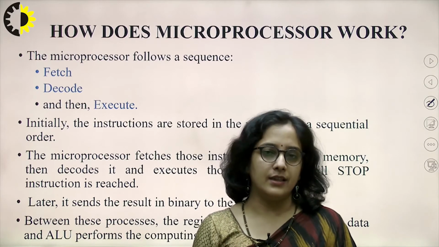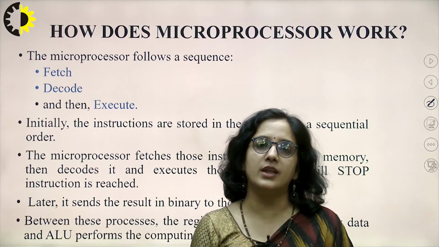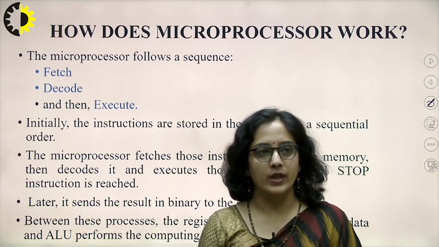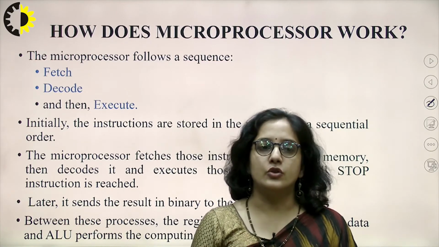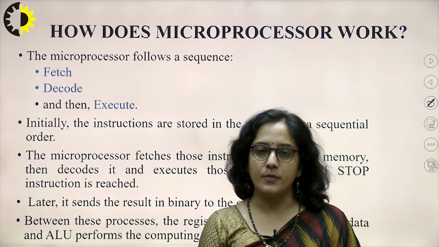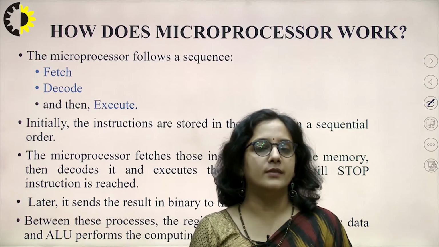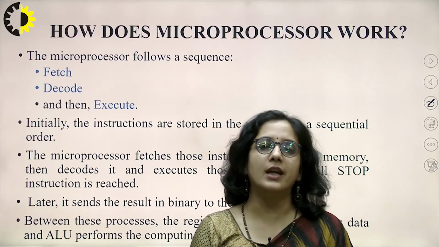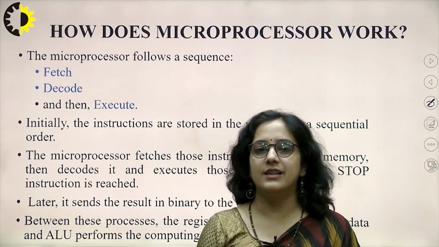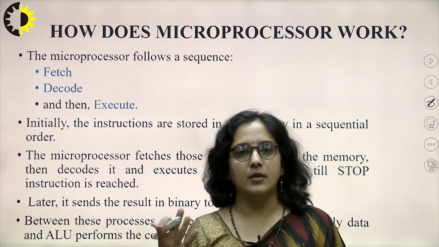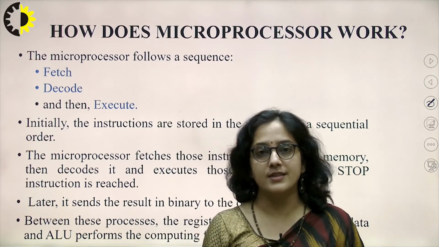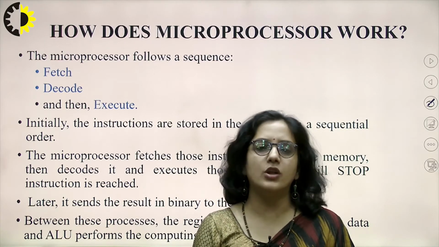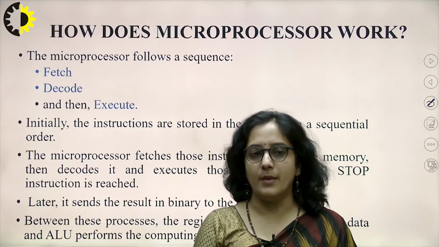So, till that last instruction, the microprocessor executes each instruction in 3 ways: first fetching the instruction, then decoding it and then executing it. After executing all the instructions written in that program, the microprocessor lastly declares the results, whether on the keyboard, the printer, a monitor, or in memory. It can store the results in memory, whatever the instruction given in the program itself.